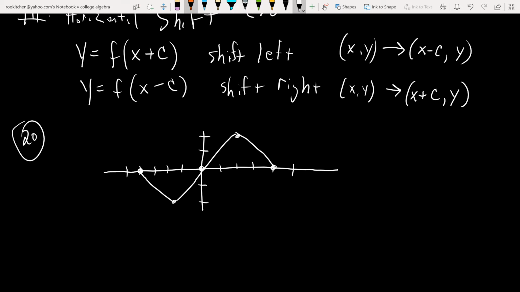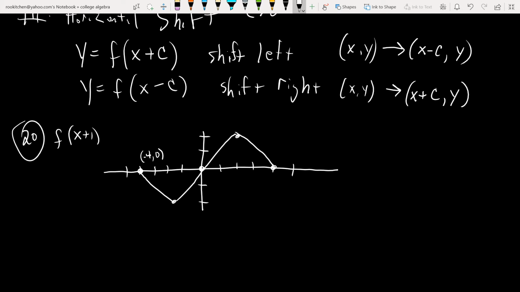Okay, so let's go to the work. What are we doing? We want to graph f of x plus 1, okay, given f of x. So maybe let's put it in red. So x plus 1 means we take the given coordinate. So for example, this coordinate here is at -4, 0.